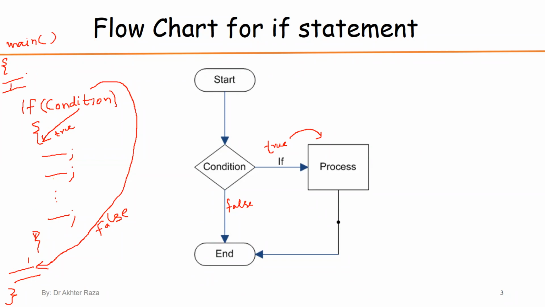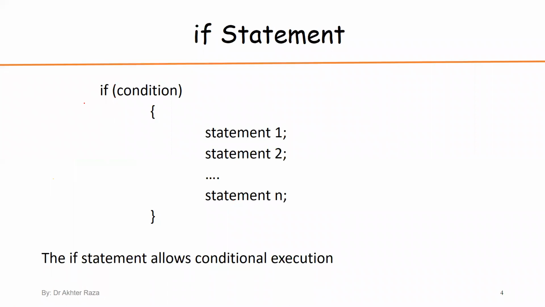On the other hand, if the condition is false, after completing these two lines, the bottom two lines will be executed. This block will be skipped if the condition is false. This type of logic is called selection logic.